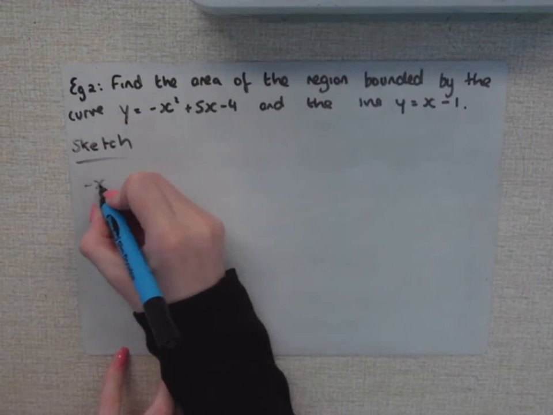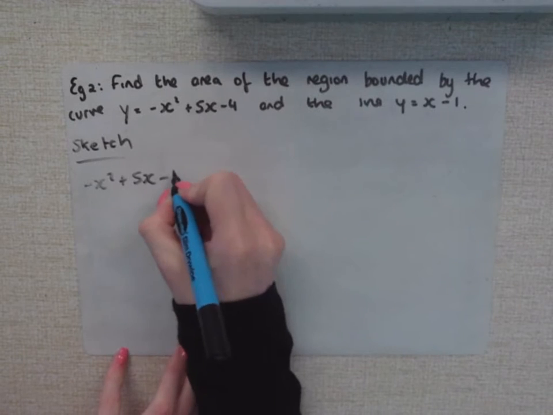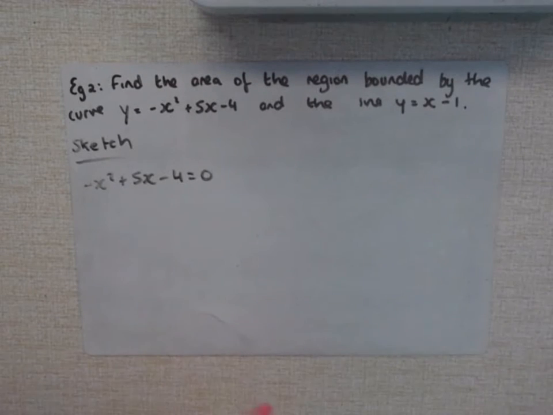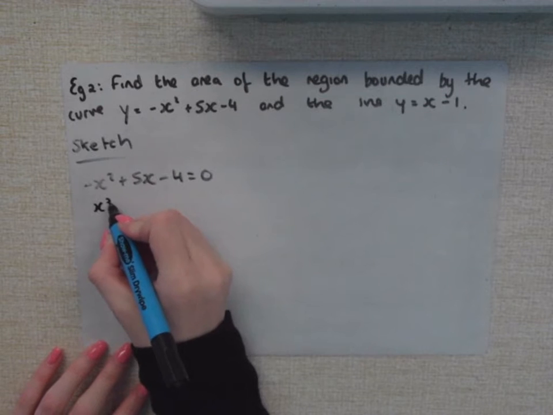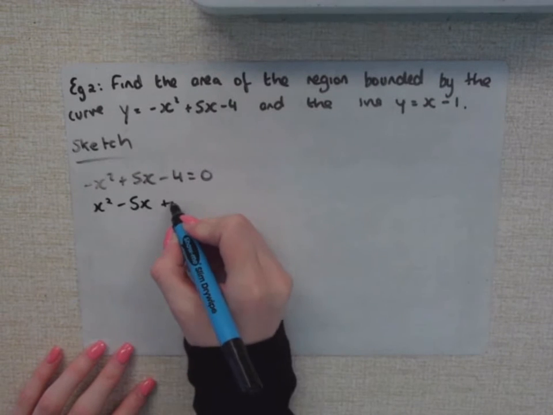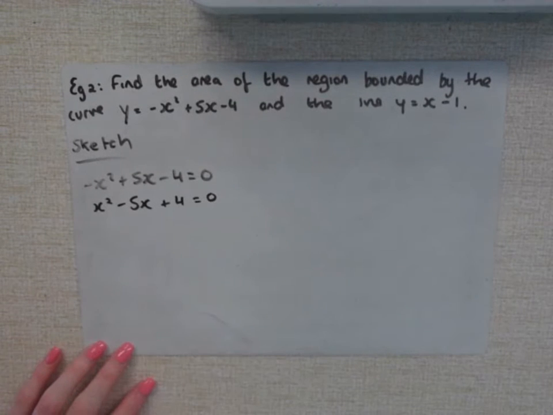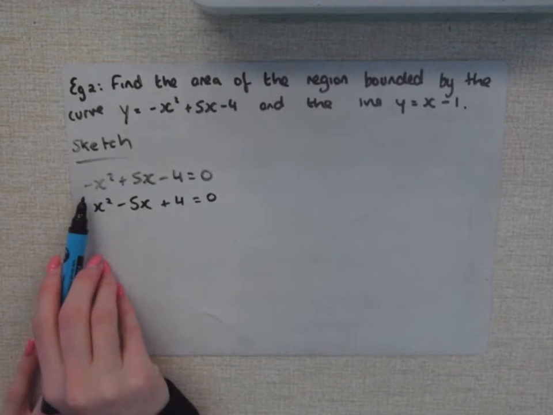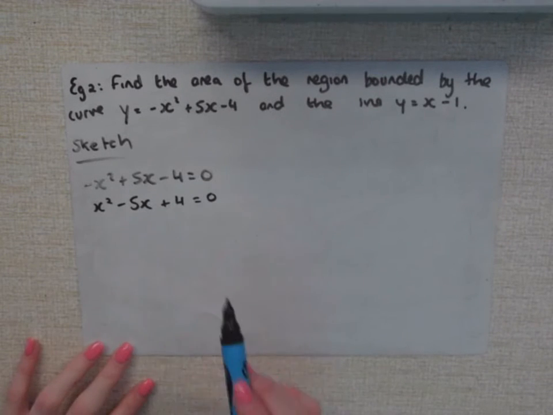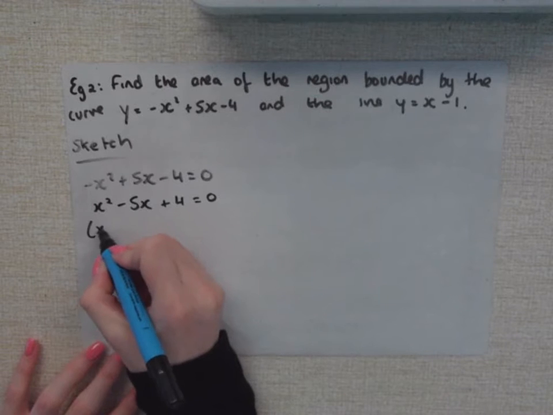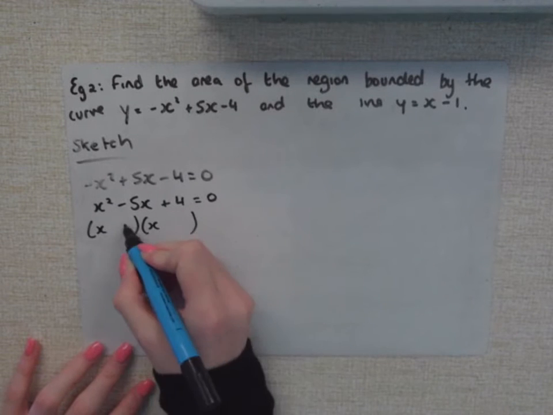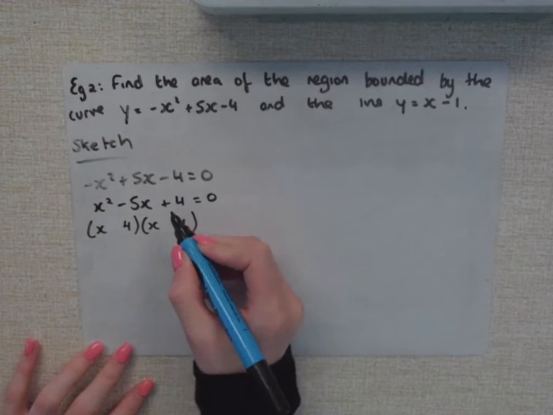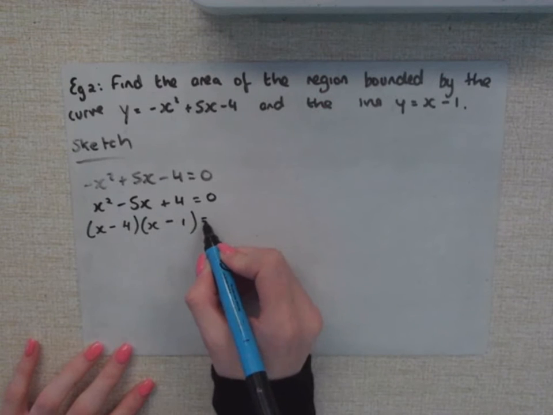So minus x squared plus 5x minus 4 is 0. That's how we find our roots. Now, to factorise this, we're going to change all the signs so that we have a plus x squared. Or from there, you can just use your minus b, totally up to you. So it's going to be 4 and 1, isn't it? 4 and 1, and factors of a plus are either minus by minus or plus by plus.